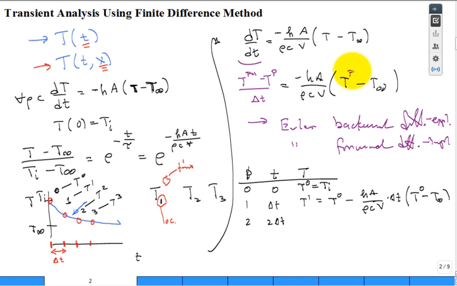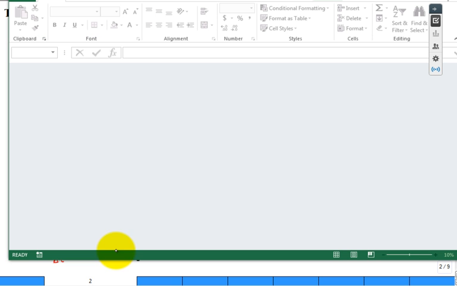We'll do it as T to the p, the previous values, to get the next one. So that's all I did was rewrite this equation. And then for the second, T2 is equal to T1 minus hA delta t divided by rho cV times T1 minus T infinity. That look familiar? And you just march through.